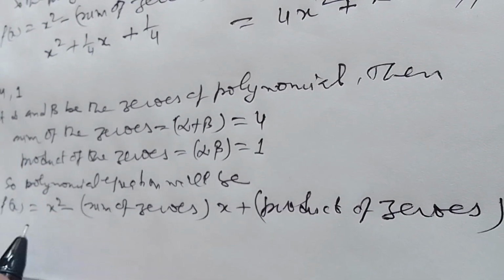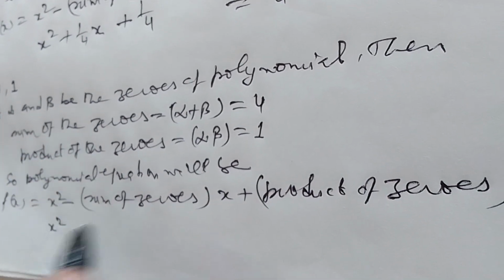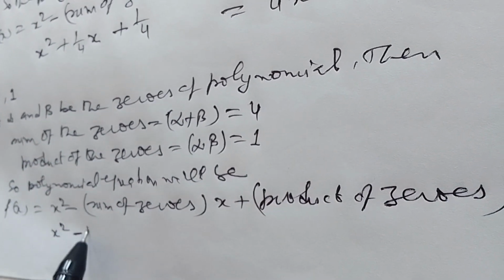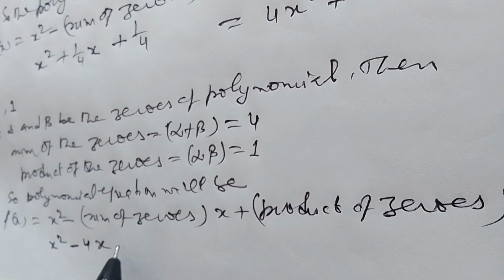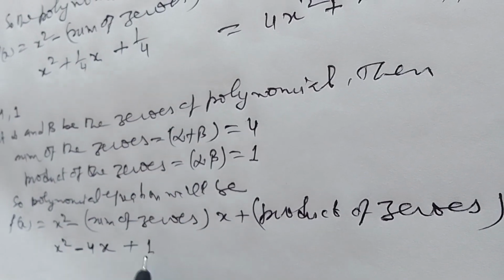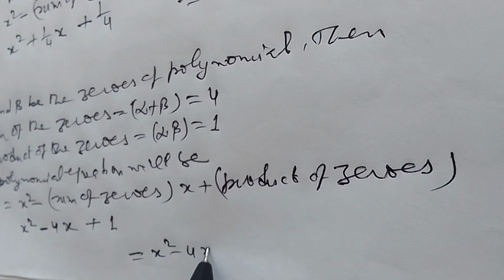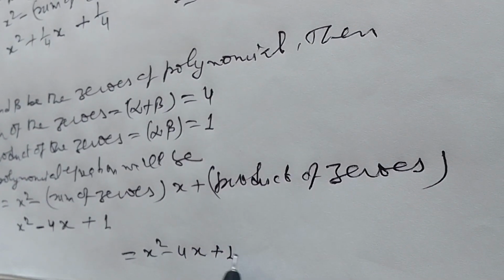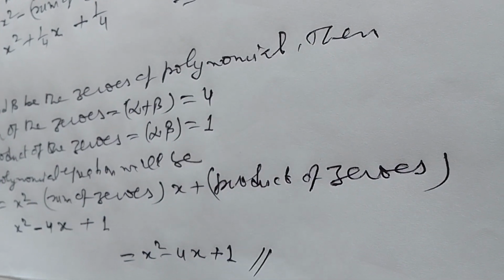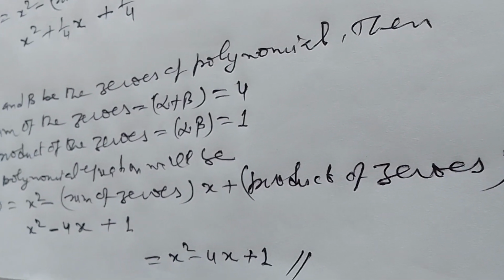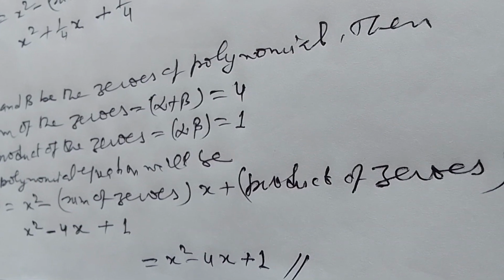So by inserting the values, x square, sum we have calculated 4x, plus product calculated 1. So our answer comes out to be x square minus 4x plus 1. So with this we have completed our exercise 2.2. With this our chapter polynomials is completed.